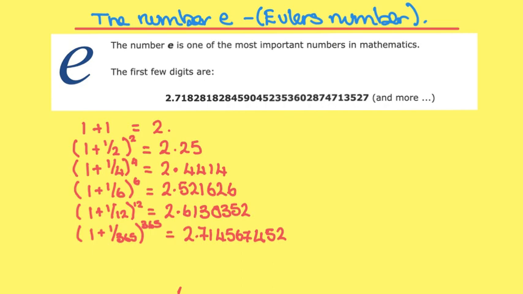And then they come back to you again and say, maybe we'll give it to you every second. So how many times would that be compounded each year? Well, there are 31,536,000 seconds in a year. So you'd have to work out 1 plus 1 over 31,536,000, and that would be compounded 31,536,000 times.